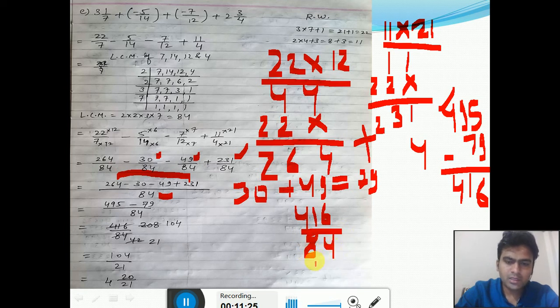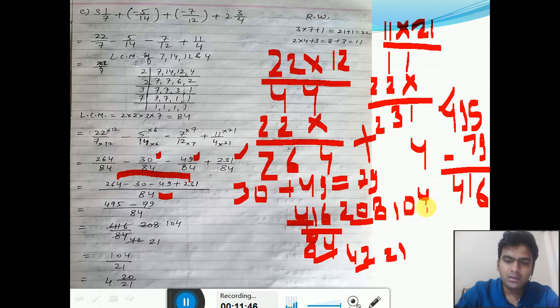This number can be cut by 2: 2 4s are 8, 2 2s are 4, and 2 1s are 2... Now again we can cut by 2. So we got 104 upon 21.